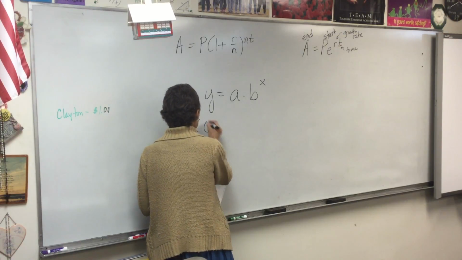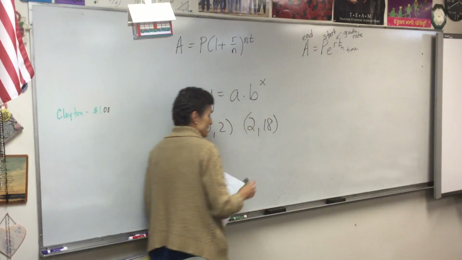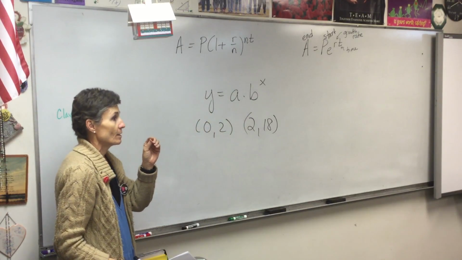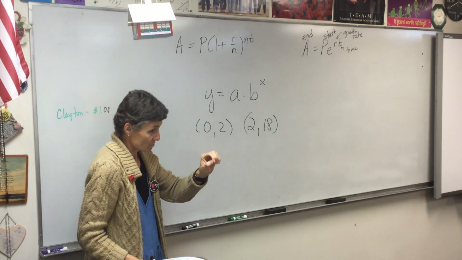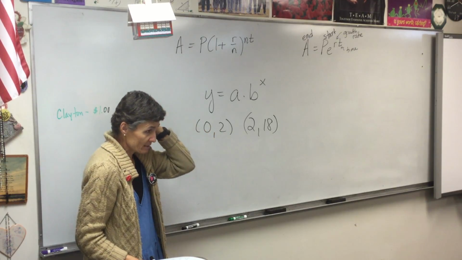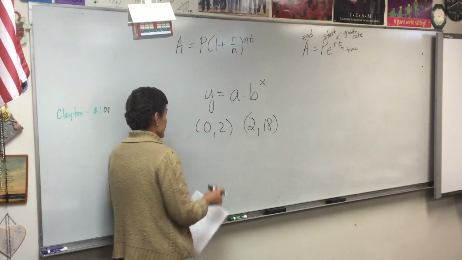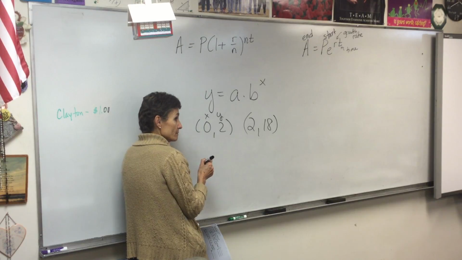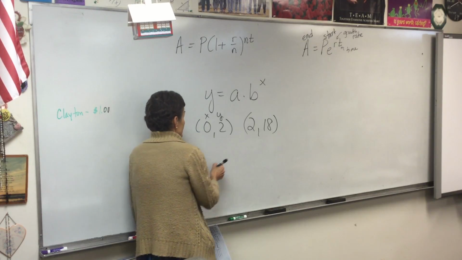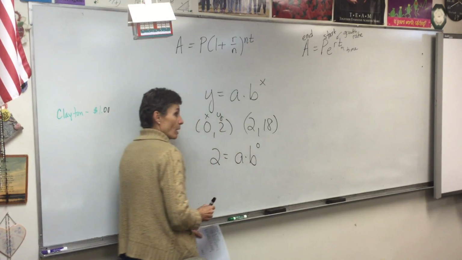And you've been given 2 points. Does anybody remember how we proceed with our 2 points? We start with the one that has a 0. This is your x and this is your y. So 2 equals a times b to the 0th.